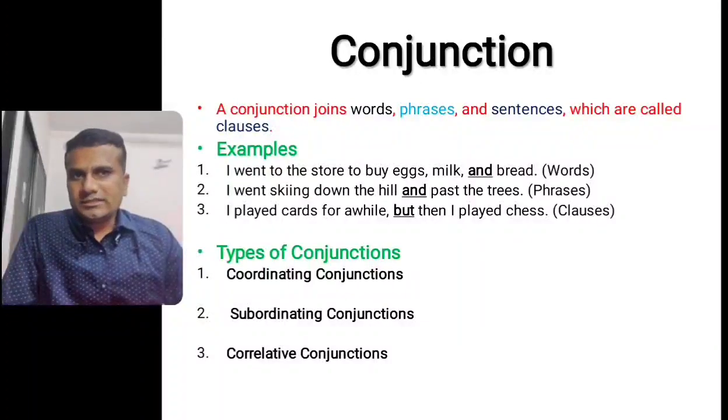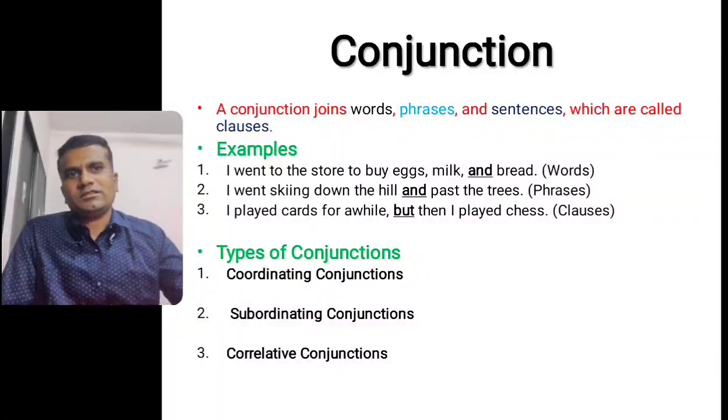Here two clauses are joined by the conjunction but. Now we will talk about types of conjunctions. There are three types of conjunctions. First one is coordinating conjunctions. Second one, subordinating conjunctions. And finally, third one is correlative conjunctions.